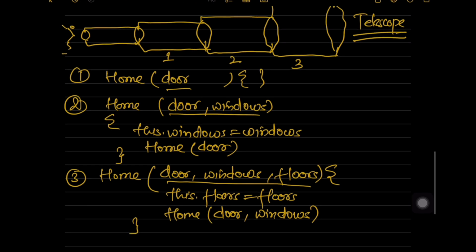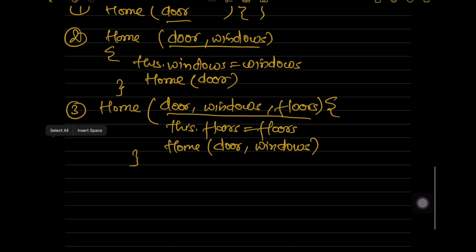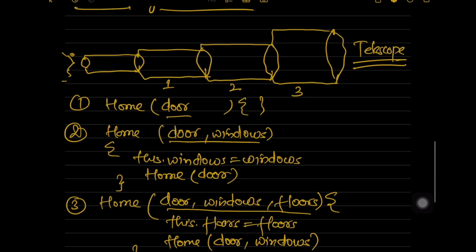We can go on, and this chain can happen with home, with door, and all n parameters. Here we can say n parameters, n minus 1 parameters, n minus 2 parameters and so on, until it is 1 parameter.